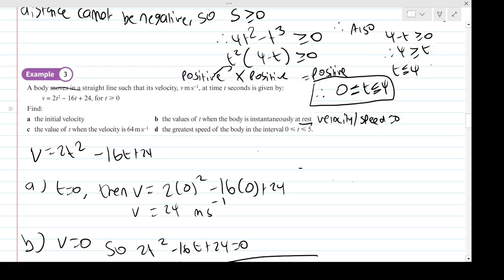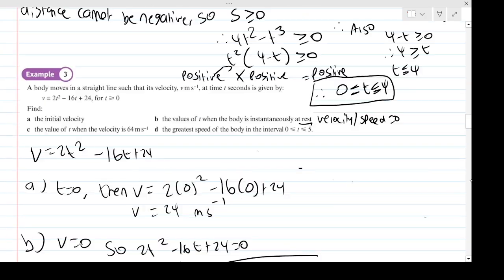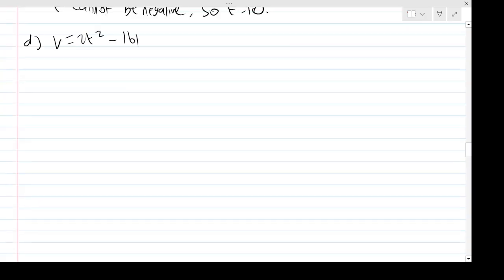Firstly, if I just restate my formula here, v is 2t² − 16t + 24, and I want to find the maximum specifically between 0 and 5 for t. There are many ways you could approach this.